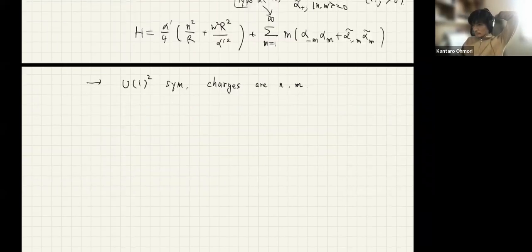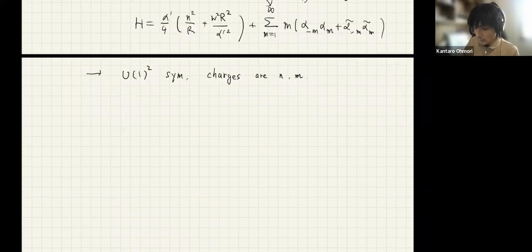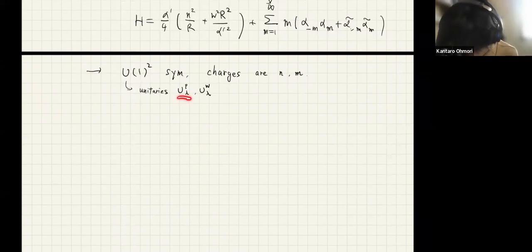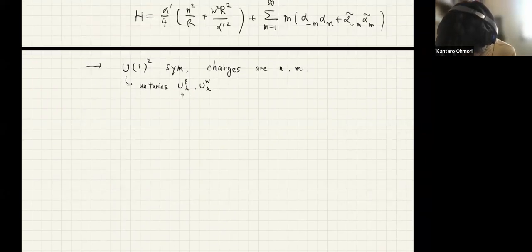So explicitly we have unitaries U_p(lambda) and U_w(lambda). These U(1)s are called the momentum U(1) and the winding U(1). This one is the momentum U(1), and the latter one is the winding U(1).